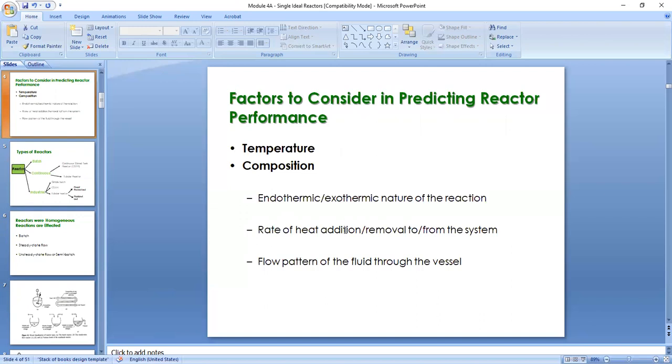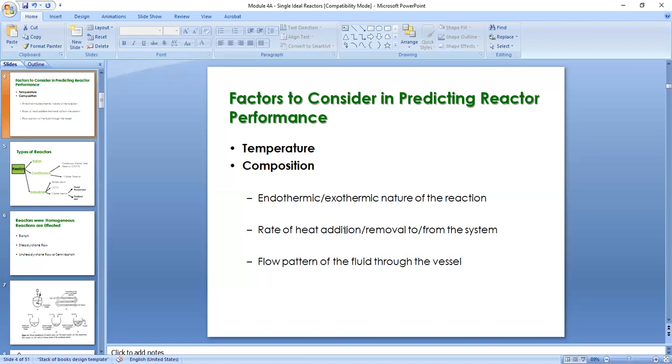So we have temperature and composition. For the endothermic and exothermic nature of the reaction, of course, temperature has something to do with it. For the rate of heat addition and the rate of heat removal to and from the system, we need also to look into that.